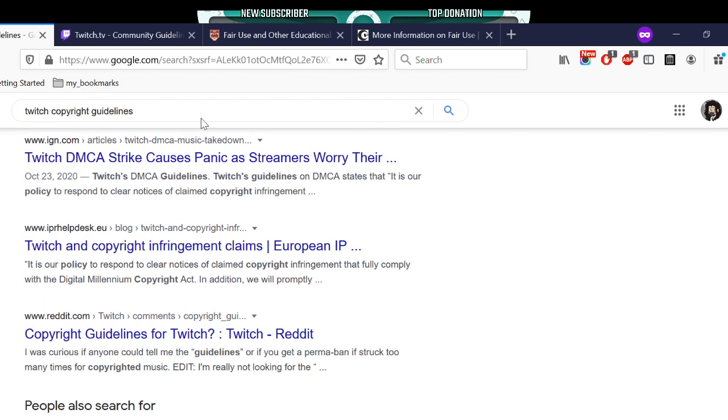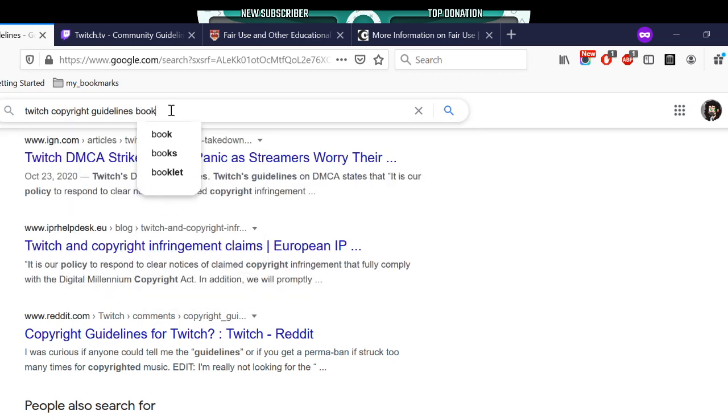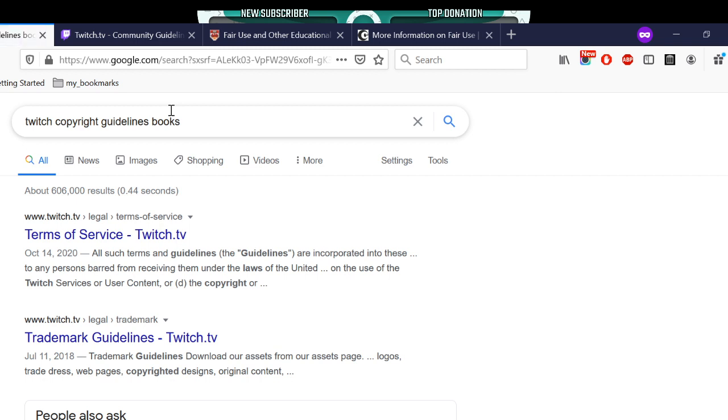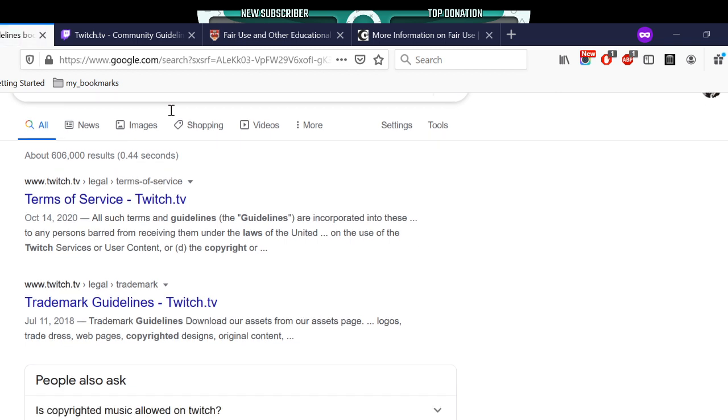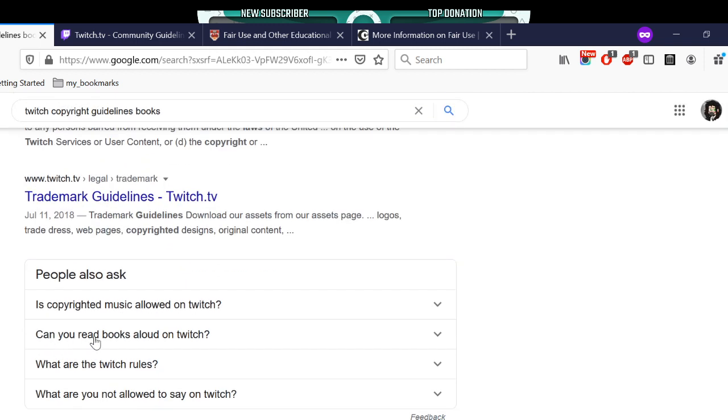News and things. So I'm going to modify my search and see if they have anything specifically about books. TOS again. Trademark guidelines. Nope. I'm going to click on this just to see what pops up.